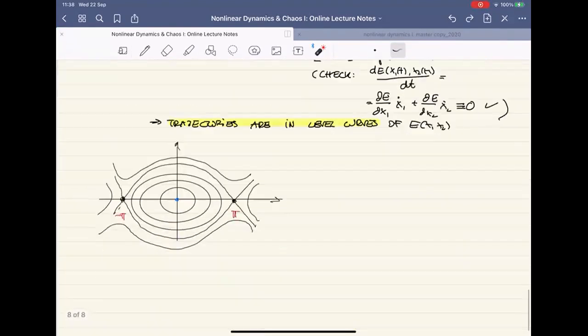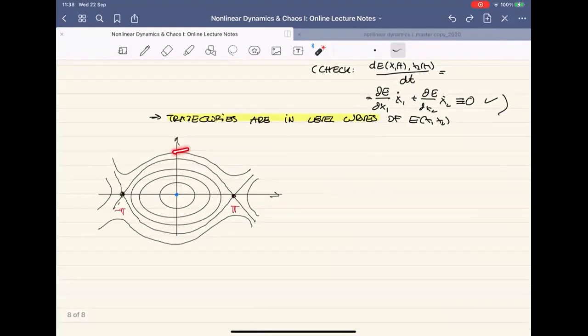So when you look at these curves, such an evolution would be inconsistent with mechanics, because here your velocity is positive. Don't forget that this is the x2 coordinate. This is the x1 coordinate. At this point, your velocity is positive, right? So x1 cannot be decreasing. It can only be increasing. And that comes out from the equations.